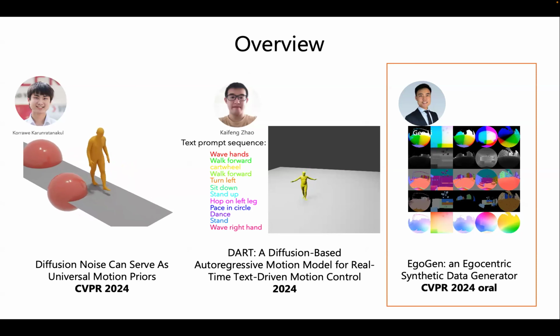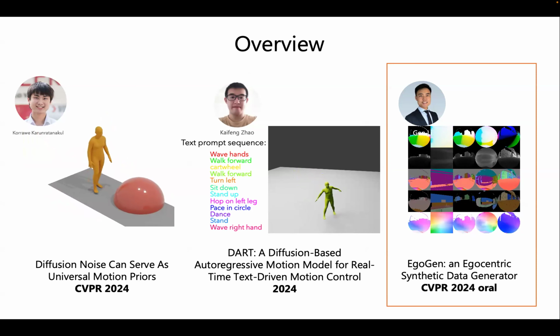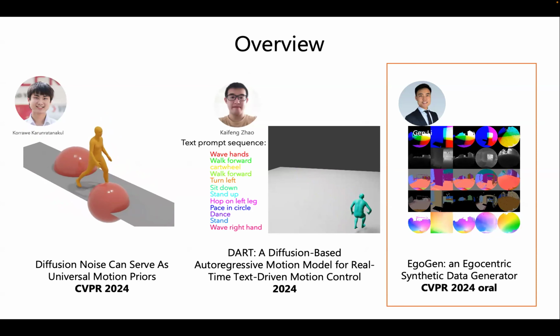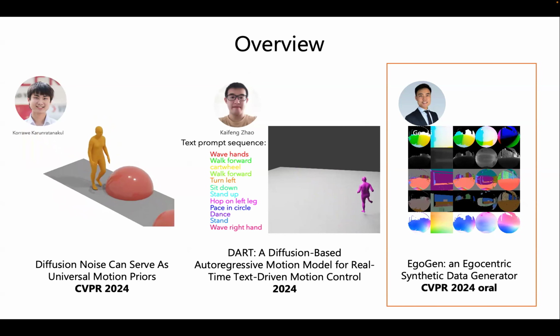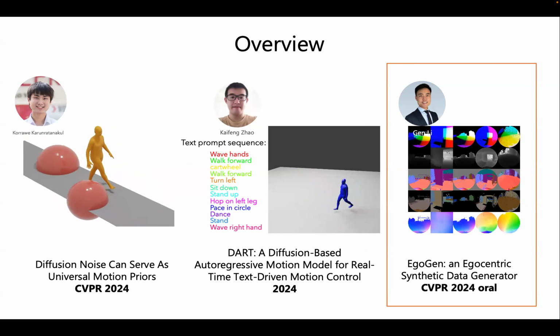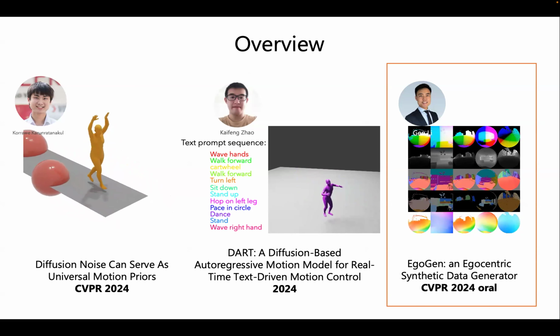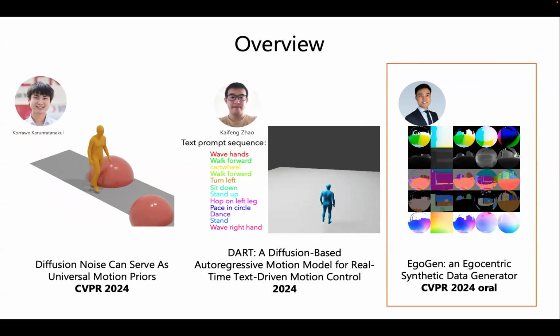And next, I will present EgoGen, an egocentric synthetic data generator. As I mentioned in the very beginning, the motivation for us to work on human motion synthesis is actually to improve certain perception models.